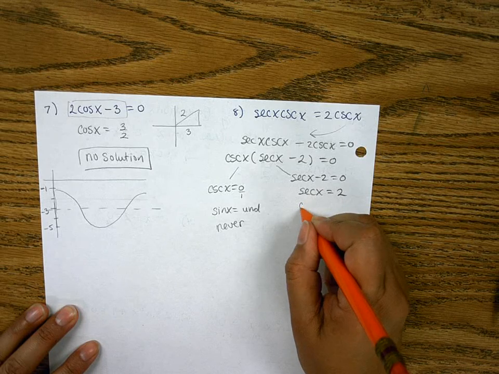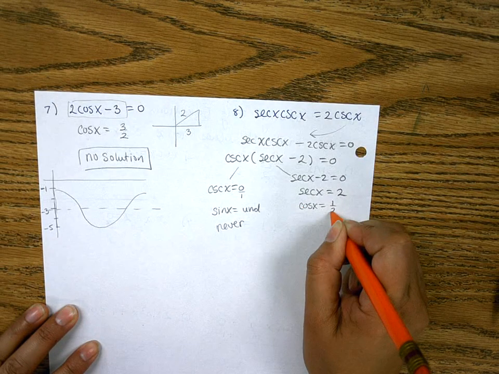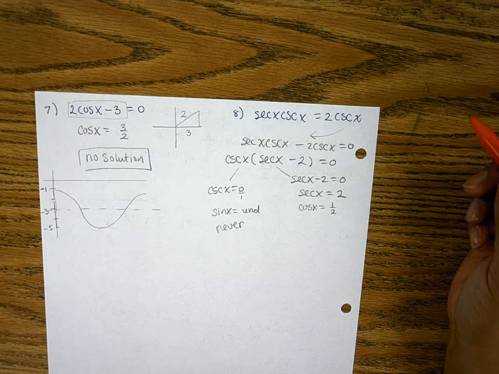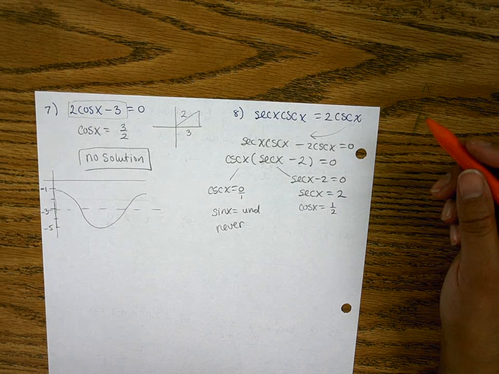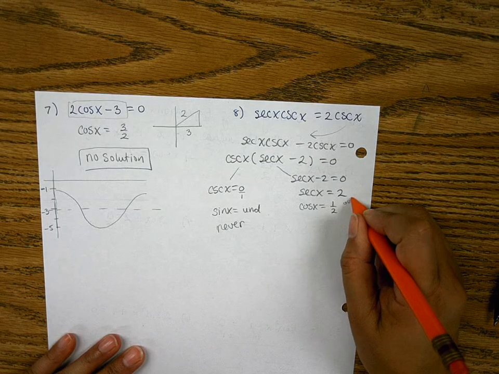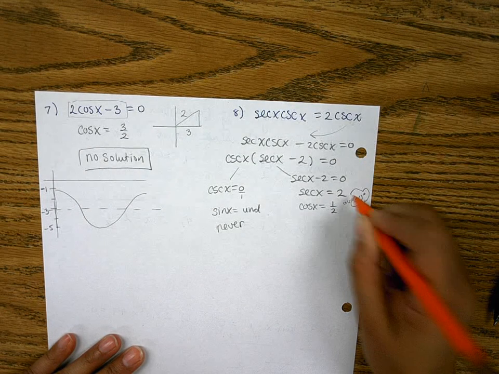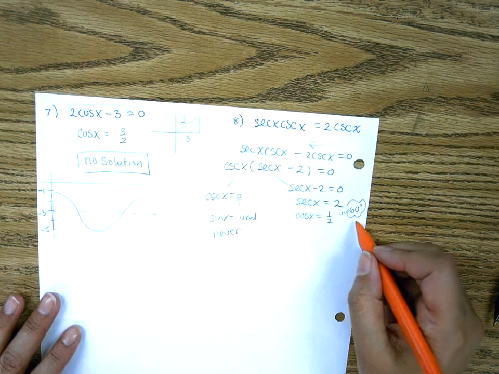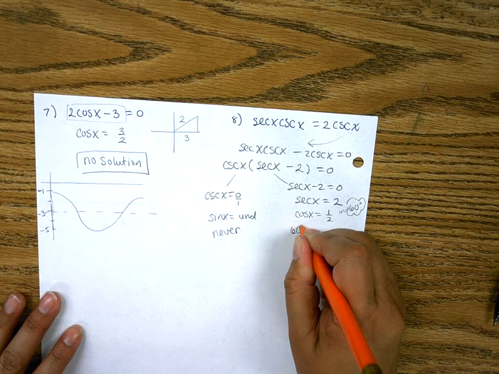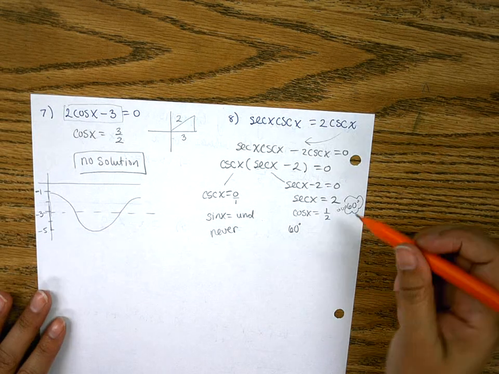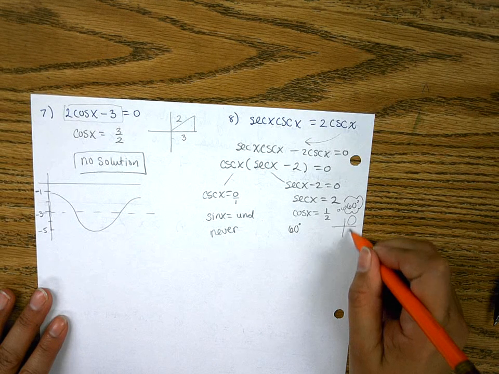All right. Well, we still have to continue because there's this part here. Secant, that's the same as saying when is cosine of x equaling 1/2? When is, excuse me, cosine of what angle is 1/2? 60 degrees. Cosine is 1/2. Is 60 degrees one of our answers? It sure is, because it's positive, which means it's in quadrant 1.